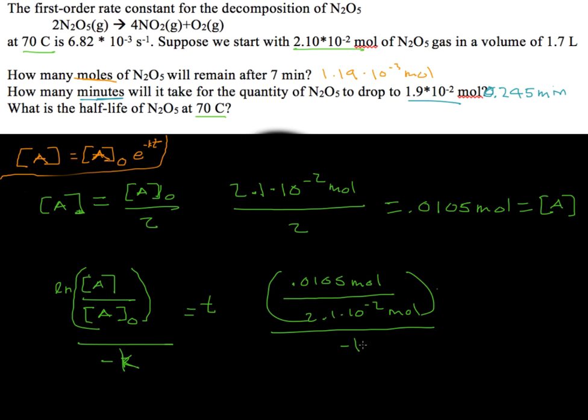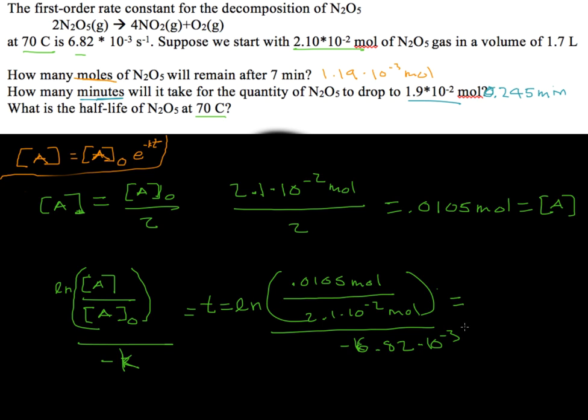So negative K, or this will be negative, 6.82 times 10 to the negative third. So negative 6.82 times 10 to the negative third. And I forgot the natural log here.